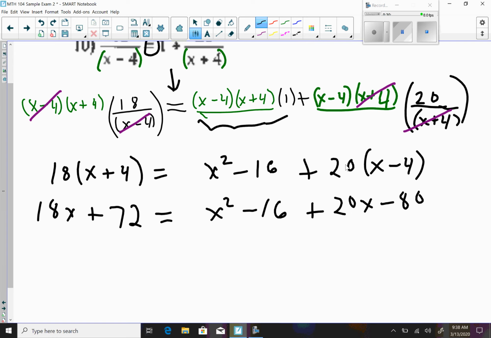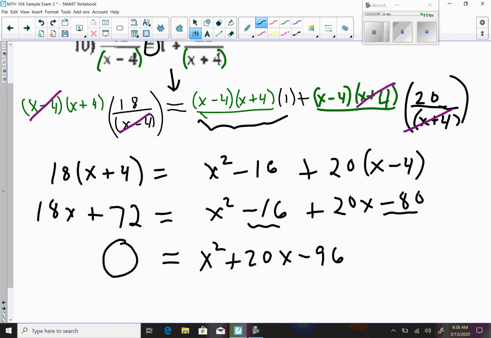And this is a quadratic equation just like the first two questions on this test. Quadratic equation, so one side of the equal sign has to be 0. On this side, we have an x squared. I'm going to write 20x next. Negative 16 and negative 80 is negative 96. And this became a 0 because we're going to put 18x over here.